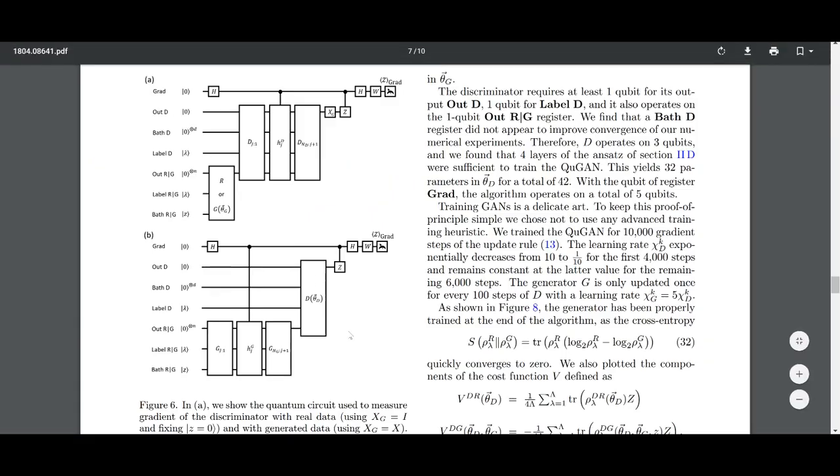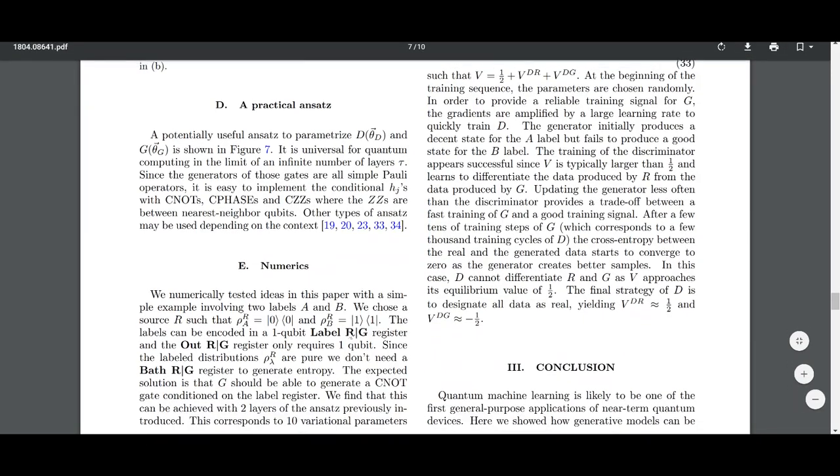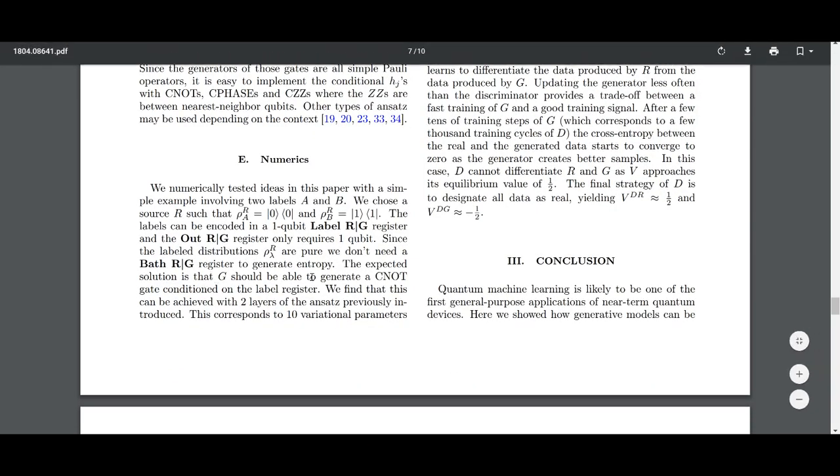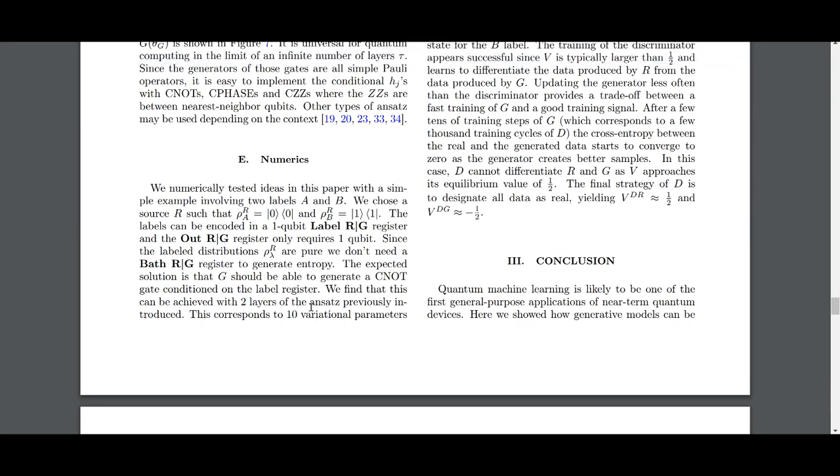Let's see what they say. So, don't need a bath register to generate entropy, whatever that is. The expected solution is that G should be able to generate a C0 gate conditioned on the label register.